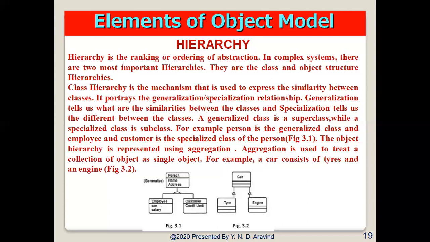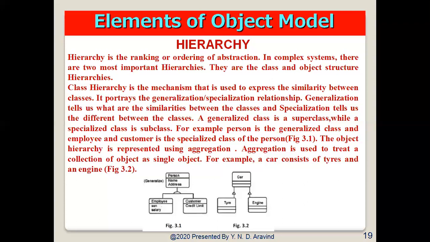It portrays the generalization or specialization relationships, where generalization tells us the similarities between the classes and specialization tells us the differences between these classes. A generalized class is a superclass, while a specialized class is a subclass. For example, employee and customer are specialized classes of the generalized class person. You can see this in figure 3.1.